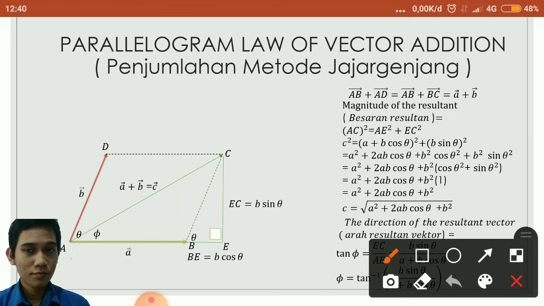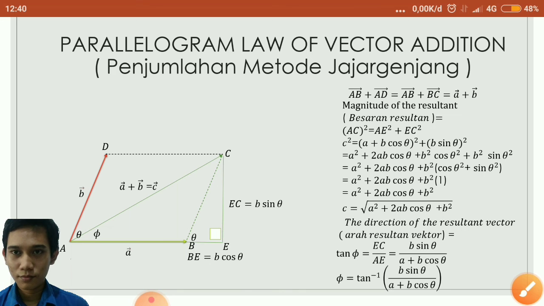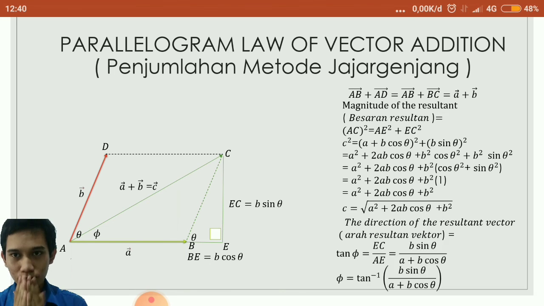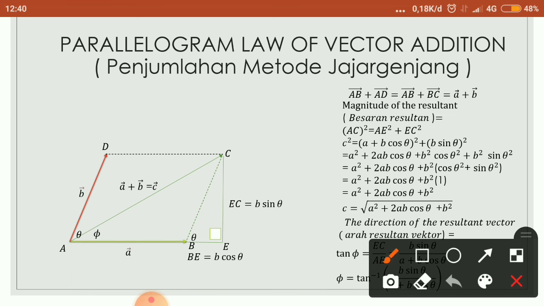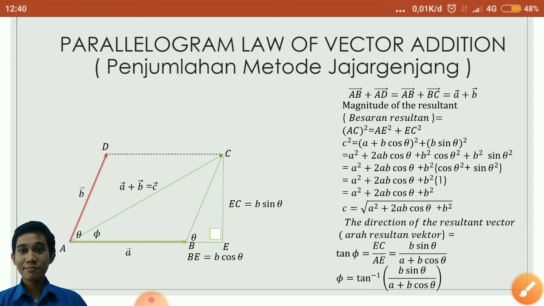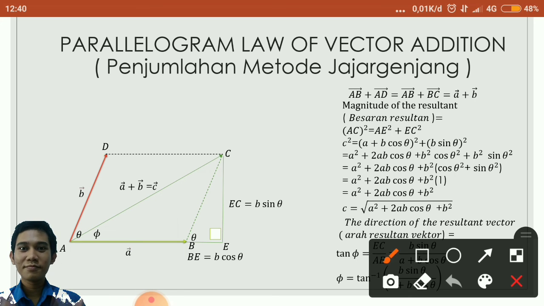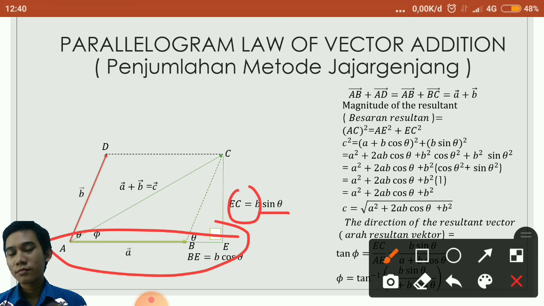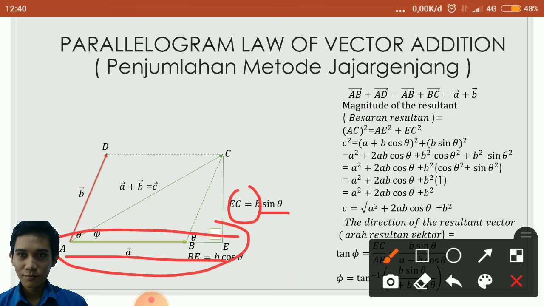Besides the magnitude of the resultant, with the parallelogram law of vector addition we can also know the direction of the resultant vector, or arah resultant vector, which is tan P equal to AC divided by AE. We know that AC is equal to B sin theta and AE equal to A plus B cos theta.